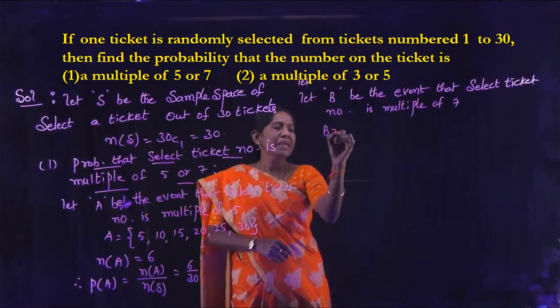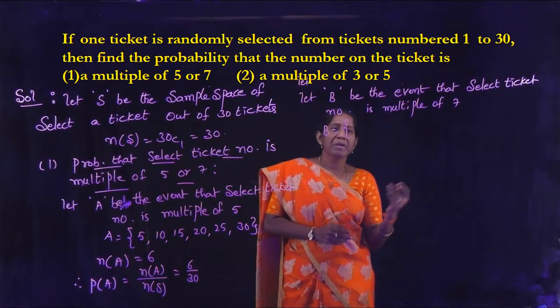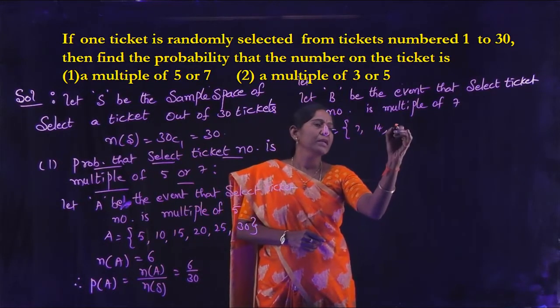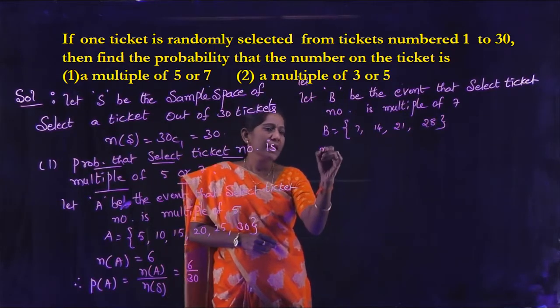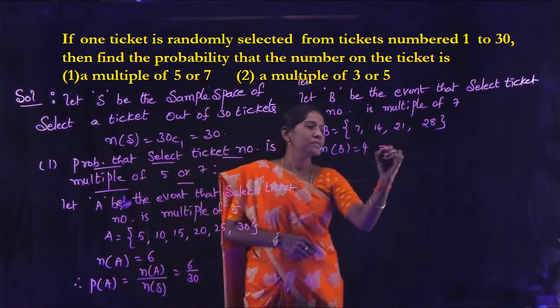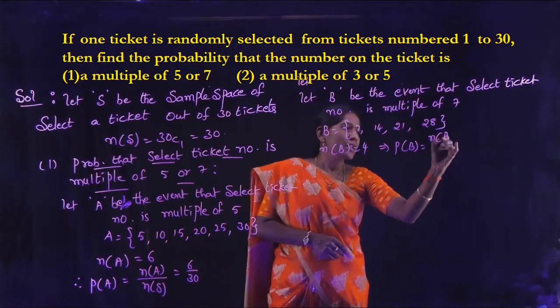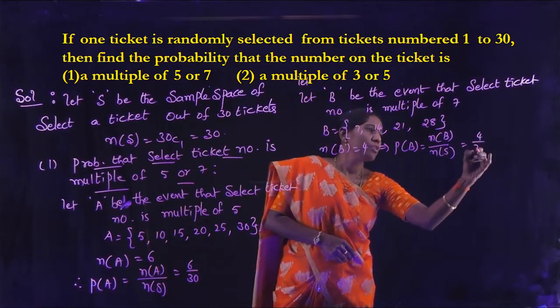Then the B event becomes, from 1 to 30, the multiples of 7: 7, 14, 21, 28. Then n(B) equals 4. This implies P(B), that is n(B) by n(S), that is 4 by 30.